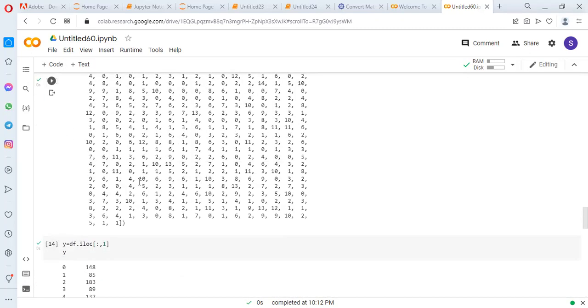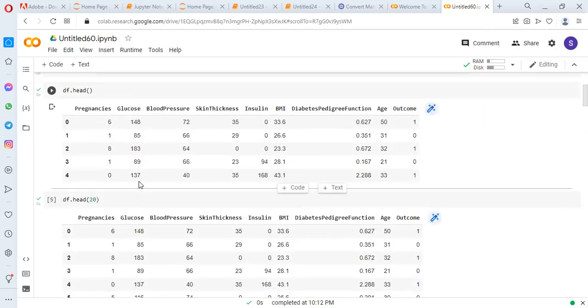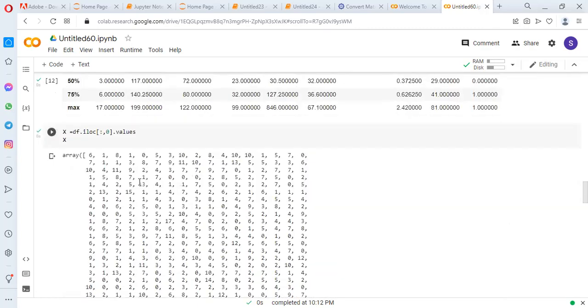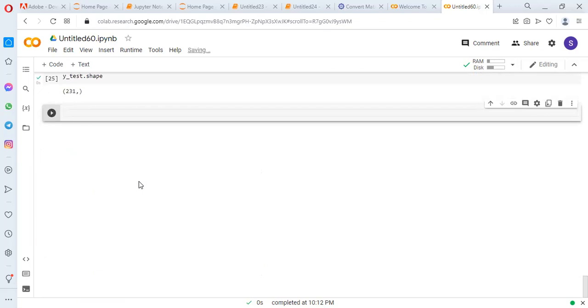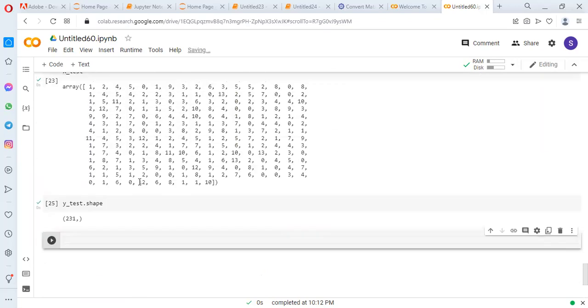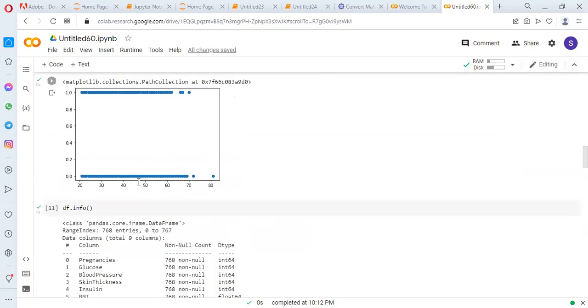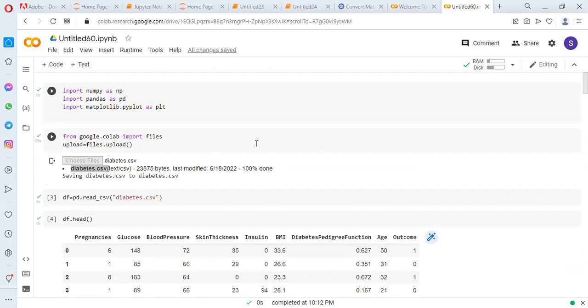Have you understood these things? Hello, sir. Sir, the first coding, the importation part, when you import the file, here you choose the file diabetes.csv.